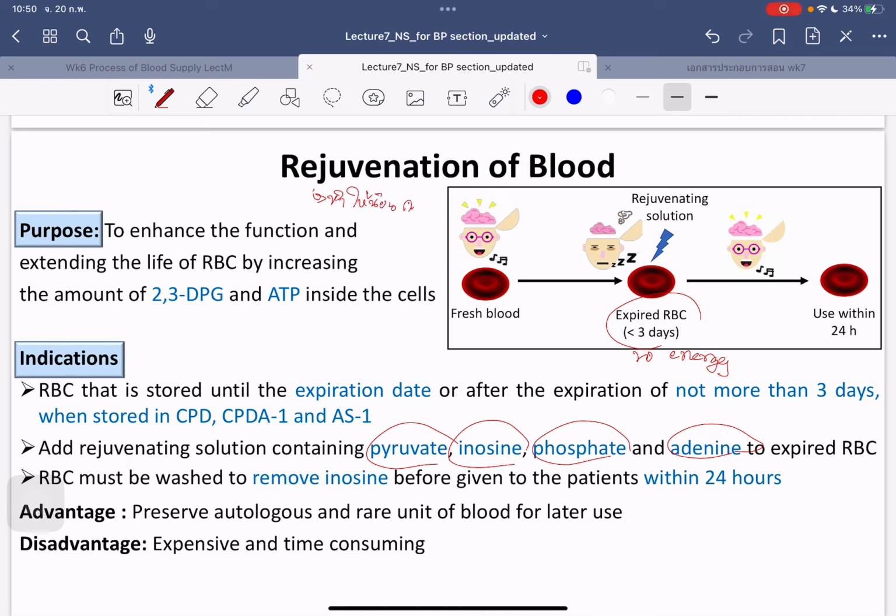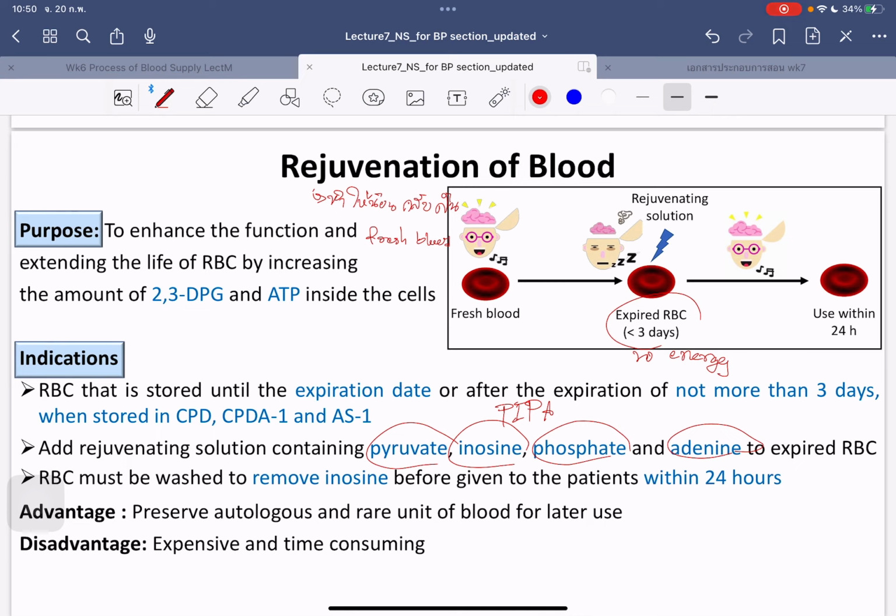A limitation is that this expired blood can only be used for 3 days, not longer than that. The rejuvenating solution contains pyruvate, inosine, phosphate, and adenine, sometimes called PIPA. Or you can use your own method to memorize it.